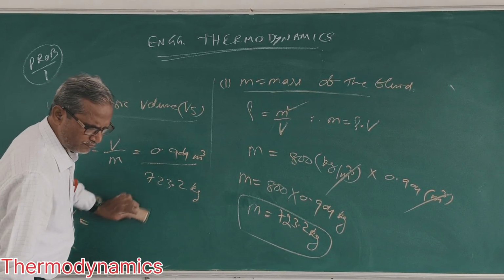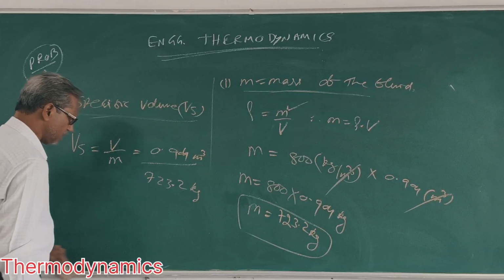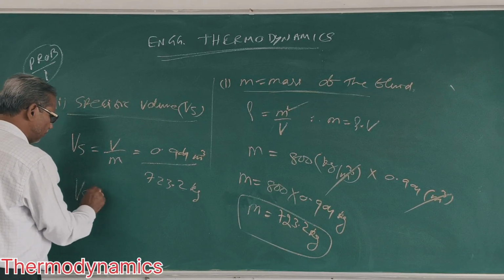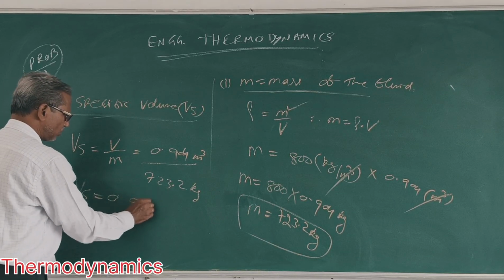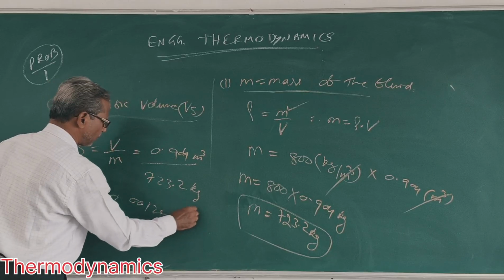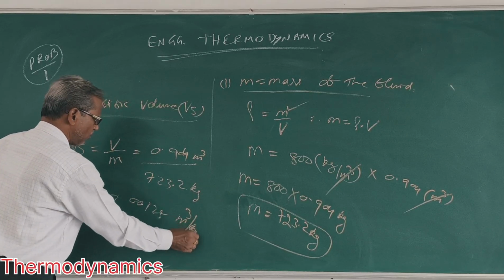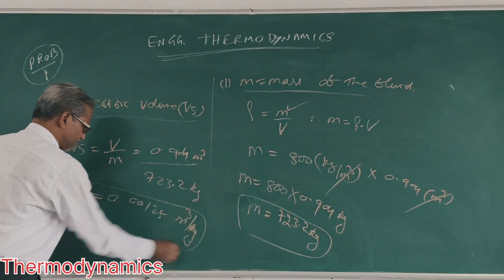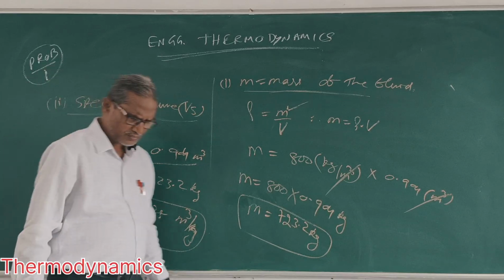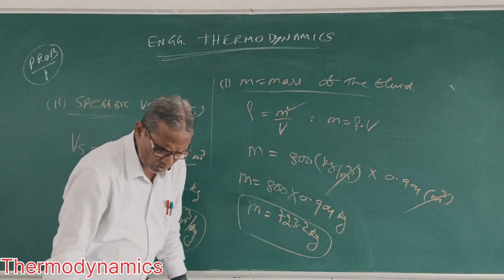Clear? Vs is equal to 0.00125 meter cube per kg. You use calculator to get the answer. Clear?